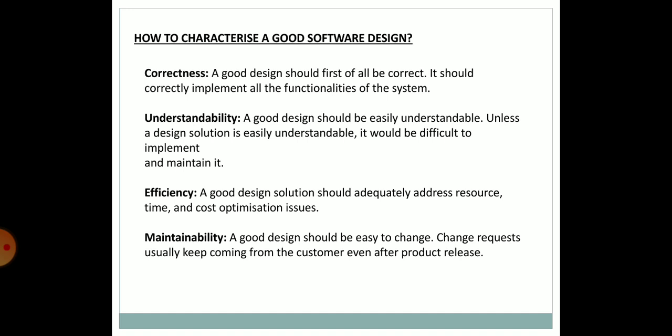This reduces the complexity of the design solution. A design solution is considered to be highly modular if the different modules in the solution have high cohesion and their inter-module couplings are low. That means the modules should be independent.